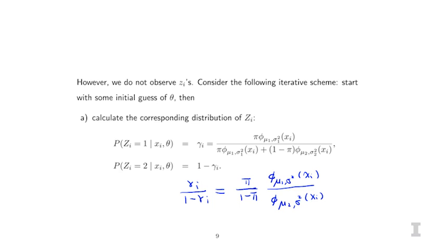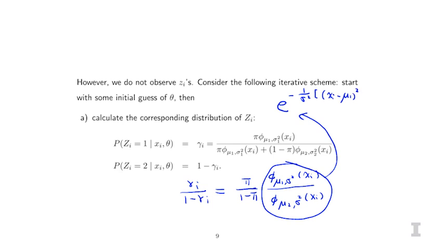Then you can rewrite this ratio as something like e to the power minus 1 over sigma square, times (xi minus mu1) squared minus (xi minus mu2) squared.